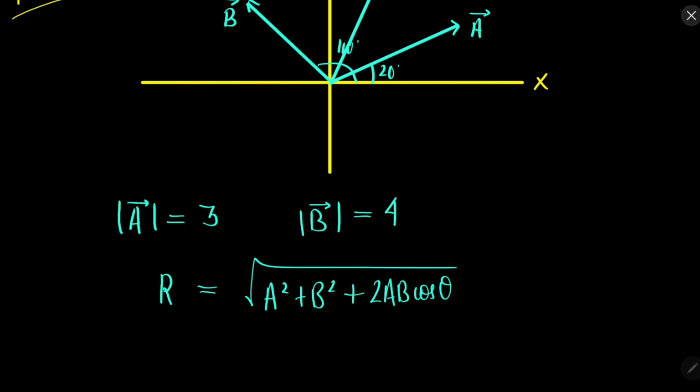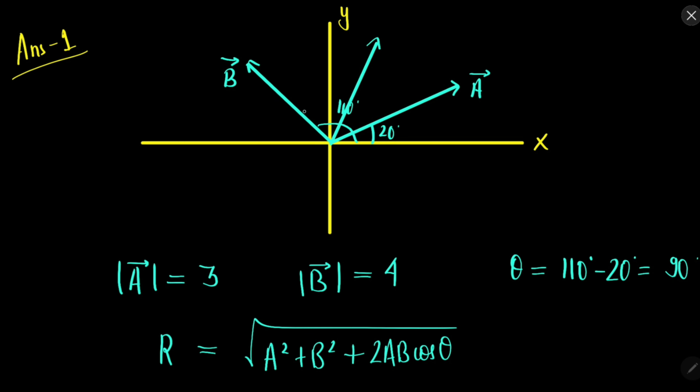Now the important thing is, what is theta here? Theta is the angle between the two vectors. If you apply some logic, you will understand that the angle between them will be 90 degrees. This is quite simple. This is 110, this is 20, so when you subtract them, you get 90 degrees.